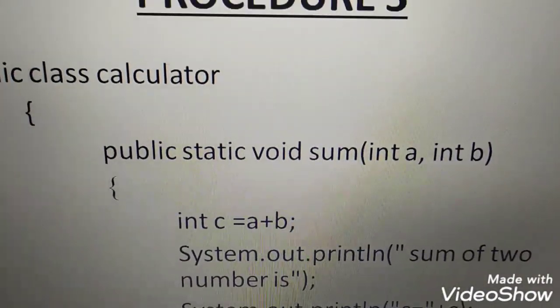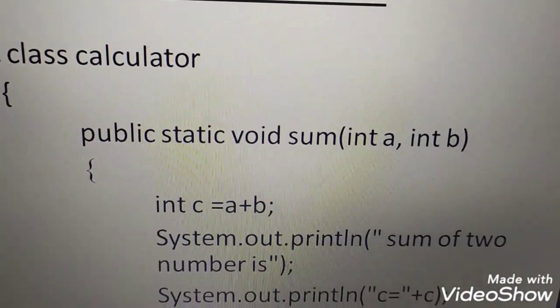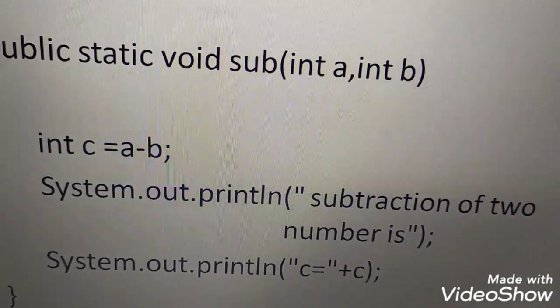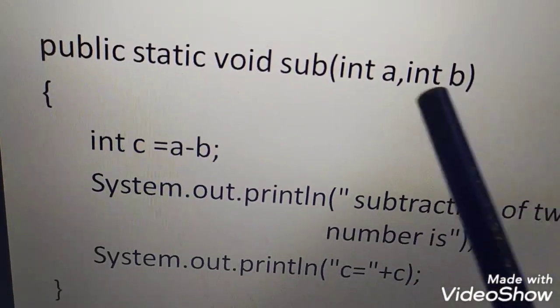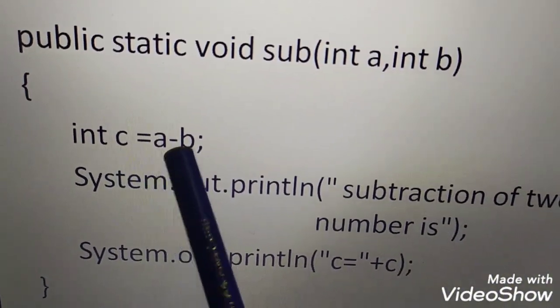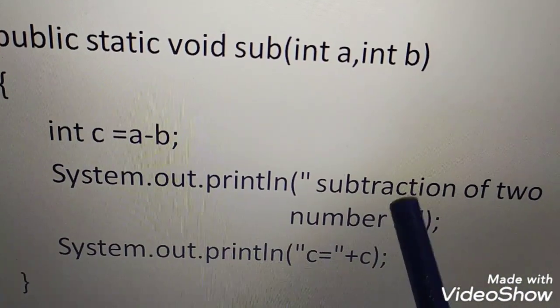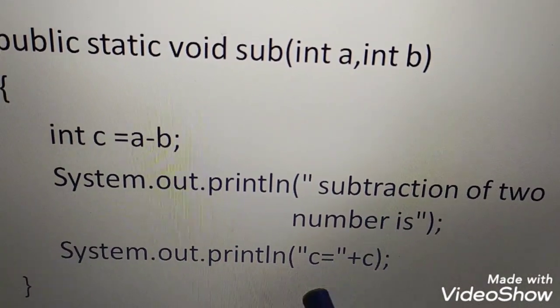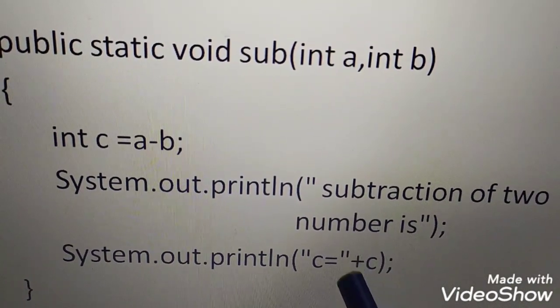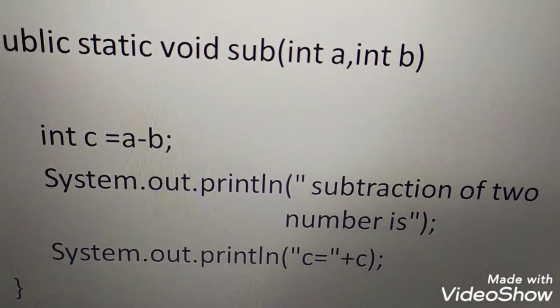Just look here: a minus b. The num1 and num2 values will be substituted here, and that value has to be used to find the subtraction value, and the result has to be displayed here. I am explaining only this argument part on the paper.